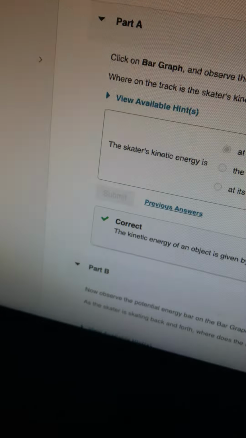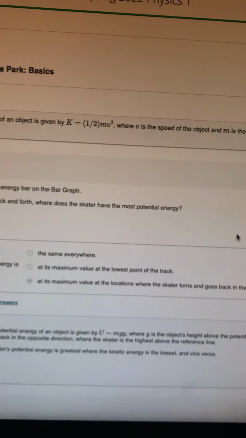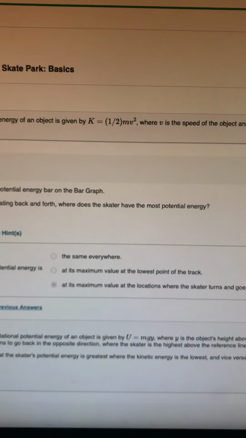All right, and now we can move on to B. Let's see what B says. B is asking where does the skater have the most potential energy? Well, we just mentioned that also. Maximum potential energy is near the top.